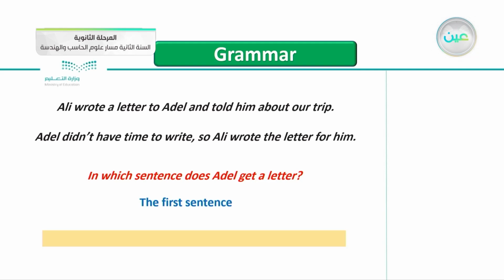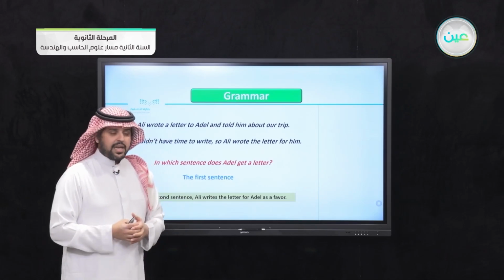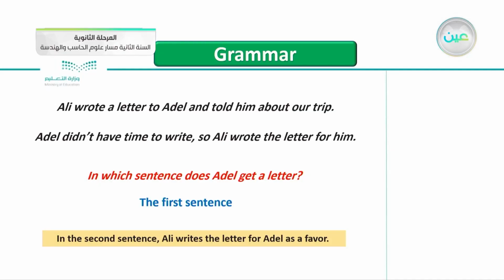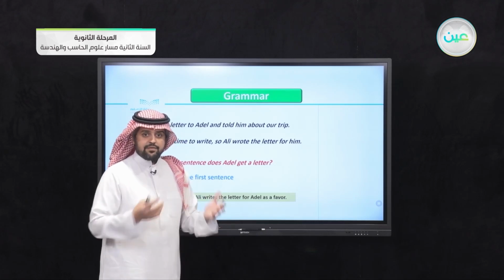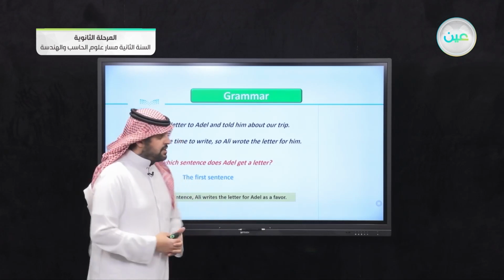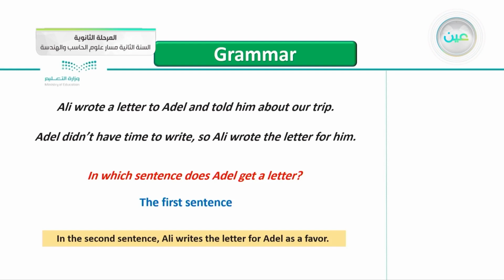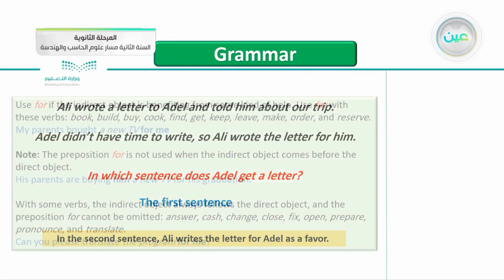The letter was sent to Adil and told him about our trip. In the second sentence, Ali writes the letter for Adil as a favor, because maybe Adil is busy, so he asked Ali to write the letter for him as a help, as a favor, instead of him. So this is the use of the preposition for.